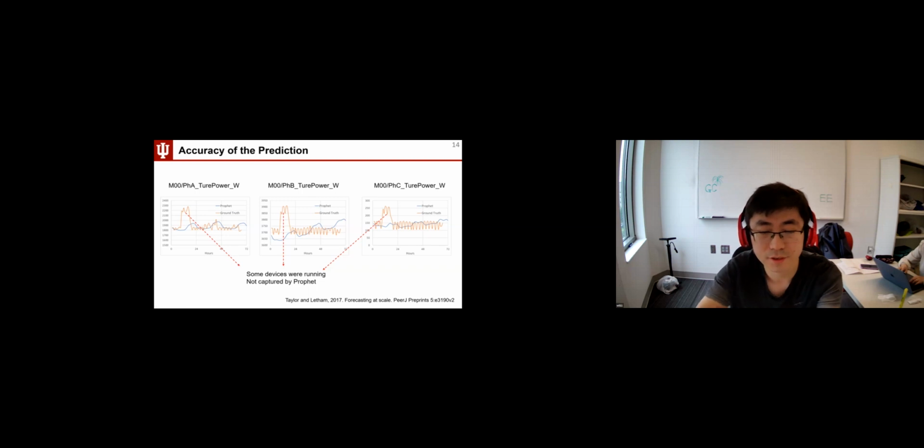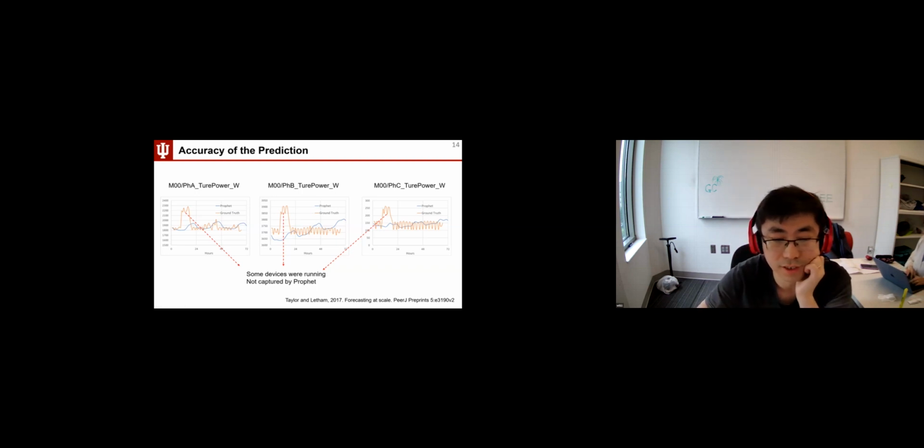The good thing about Prophet is that it's very fast. It only takes several seconds to finish the fitting and give the prediction. But the drawback is that it doesn't capture some outliers. Prophet treats them as outliers, but they are important for our energy prediction. So my idea for fixing these outliers is that we can treat them as a holiday effect.